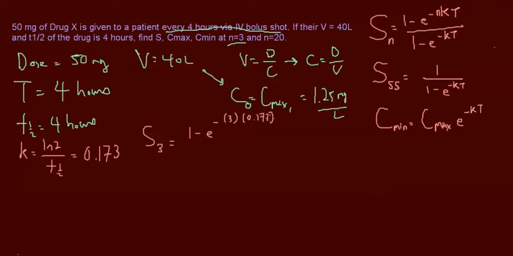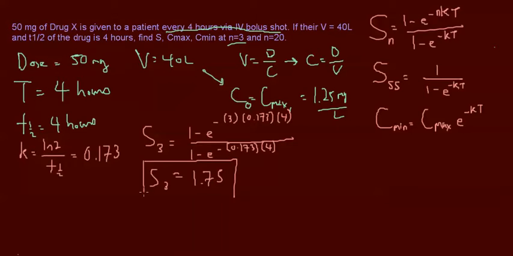And T, the dosing interval, big T, is 4, and 1 minus e to the negative kT, same thing, 0.173 times 4, and S, your accumulation factor at 3, ends up being, alright, so our S3 comes out to be 1.75.